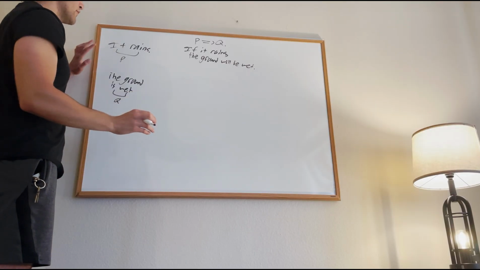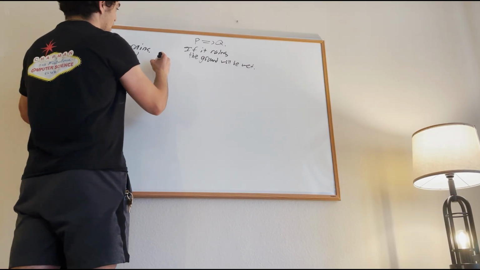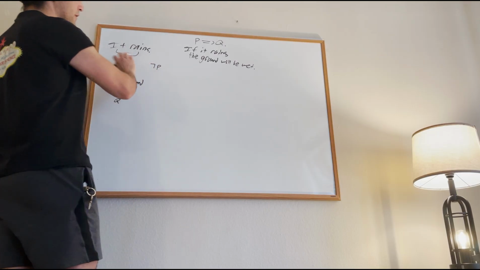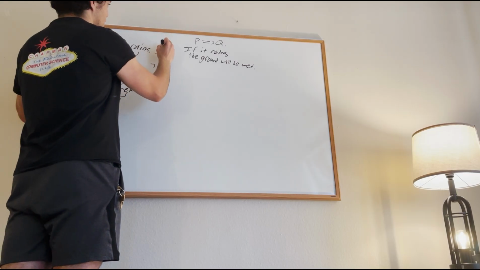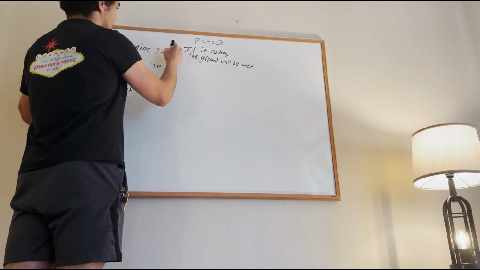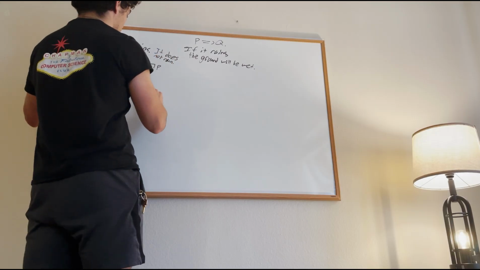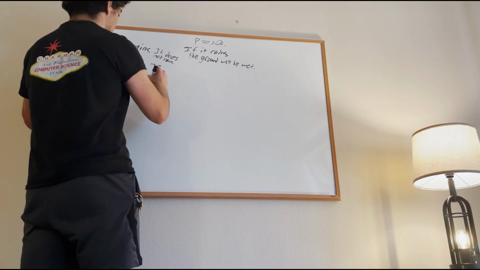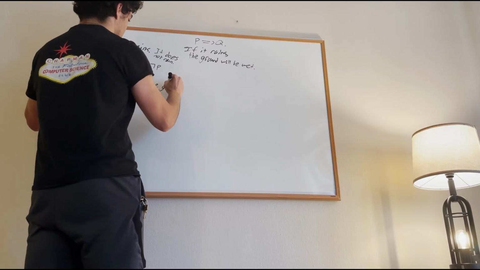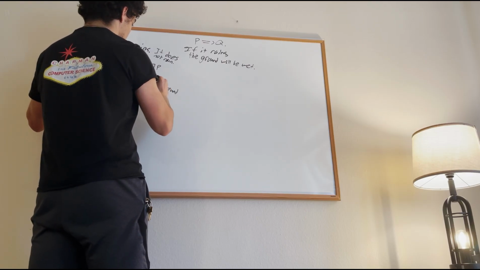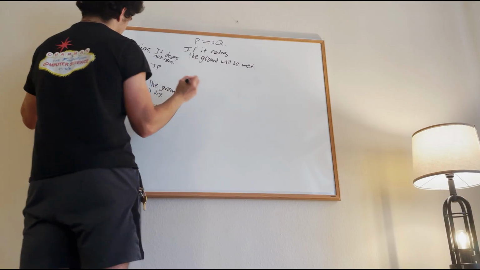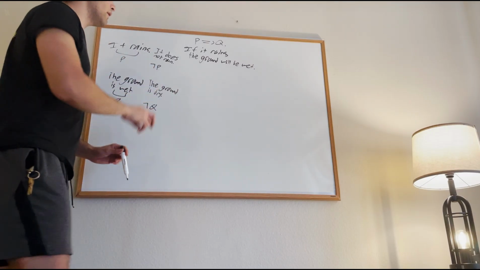So just P by itself is true, and then not P means P is false. So then this is going to be it does not rain, and then not Q is going to be the ground is dry, right? The ground is not wet, the ground is dry.